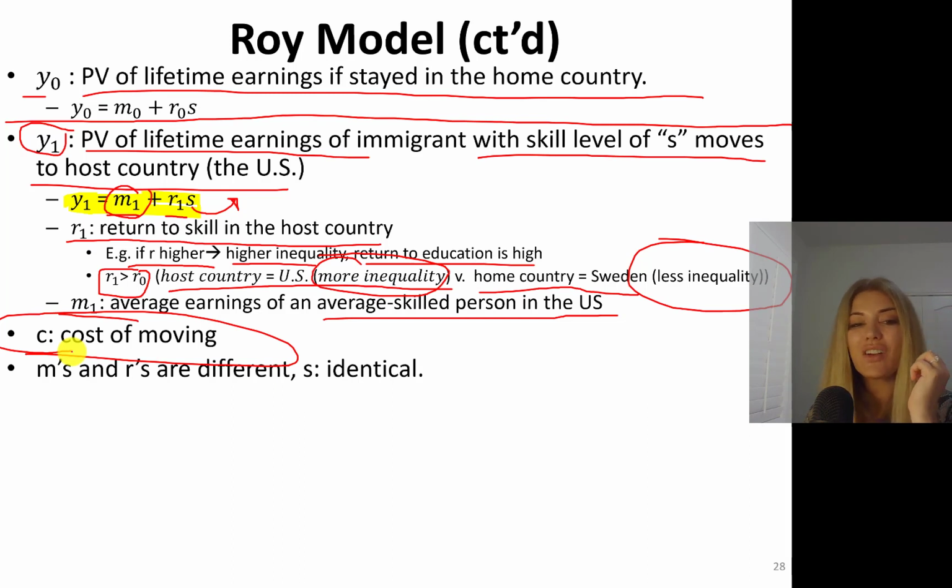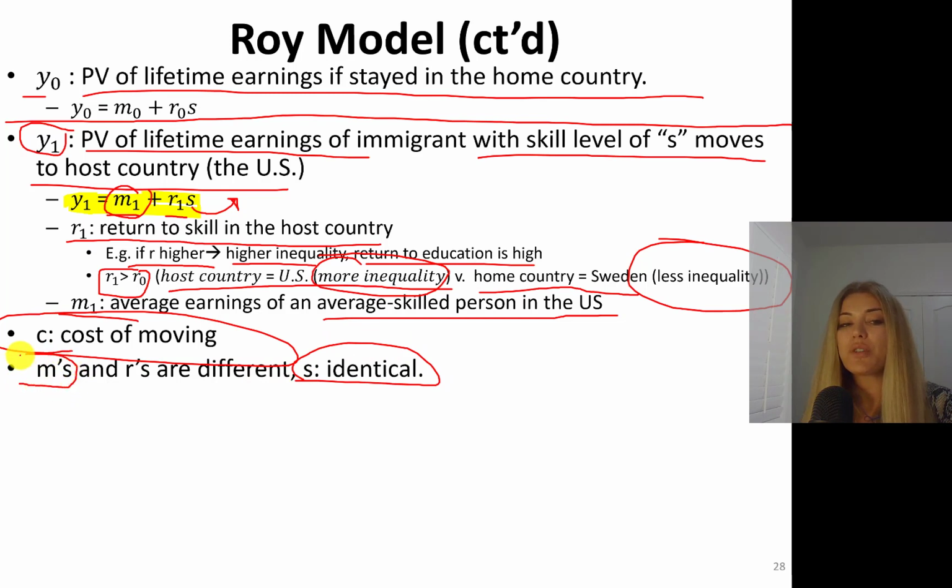So M's and R's are different, but S is identical. Your skill comes with you identically. The average earnings of an average person in the US versus your home country are different, and also returns to education, or inequality, are different.